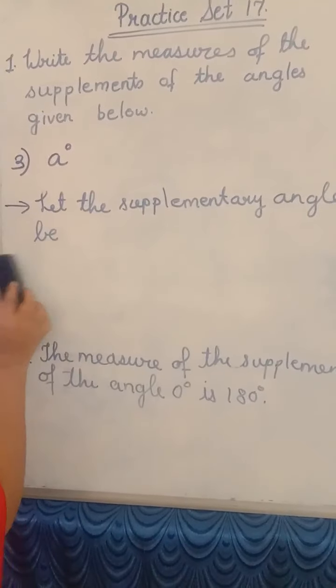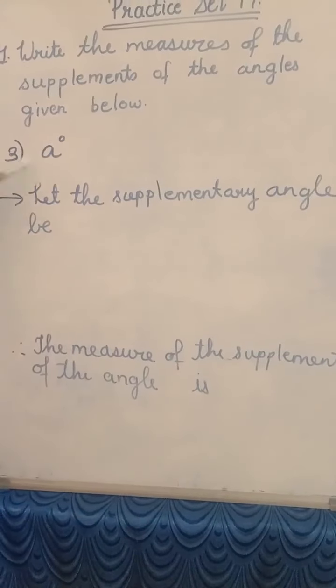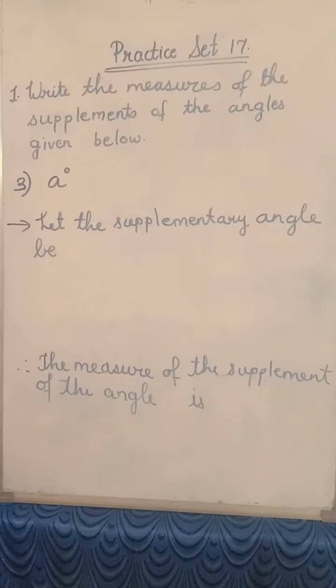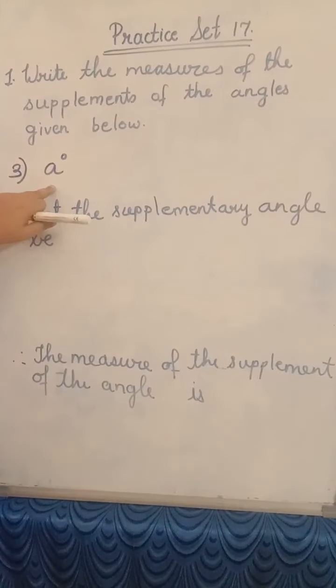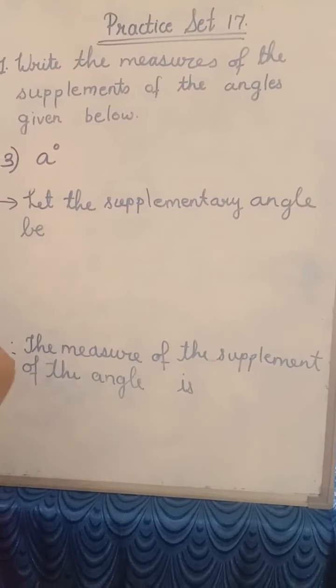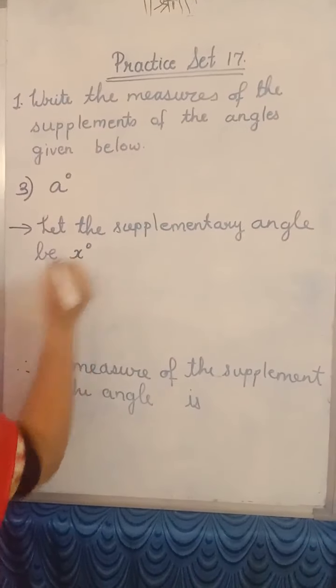Few things I am keeping on the board as they are. So A degrees is one angle. We have to find its supplementary angle. Now it is an alphabet, so we also have to assume that the other will be an alphabet. So let the supplementary angle be x degrees.